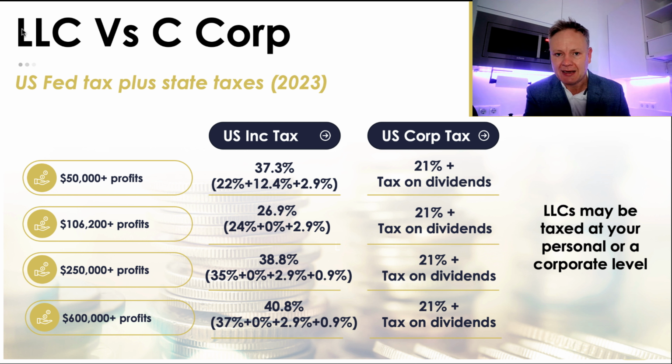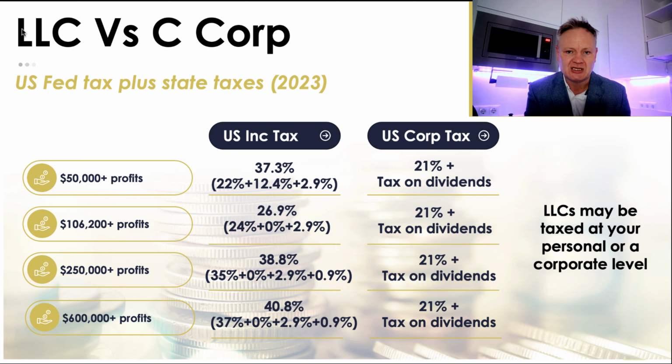That's a mix of the 22% income tax rate from the US, plus 12.4% for Social Security and 2.9% for Medicare, versus a corporation tax rate of 21%. And you'll notice that 21% is a flat rate irrespective of how much you earn.